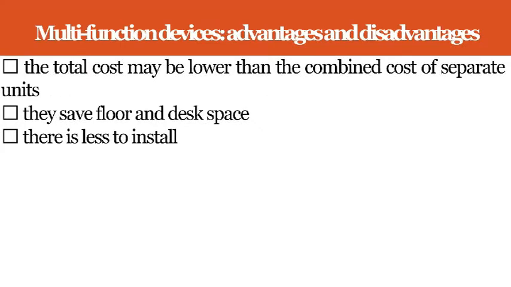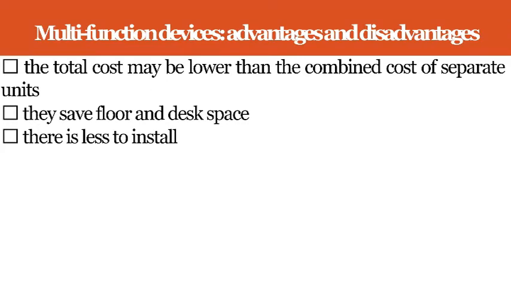Then let's proceed with multifunction devices. A small office usually needs a printer, a copier, a fax machine, and perhaps a scanner. These can be combined in one multifunction device. They have several advantages. First, the total cost may be lower than the combined cost of separate units.